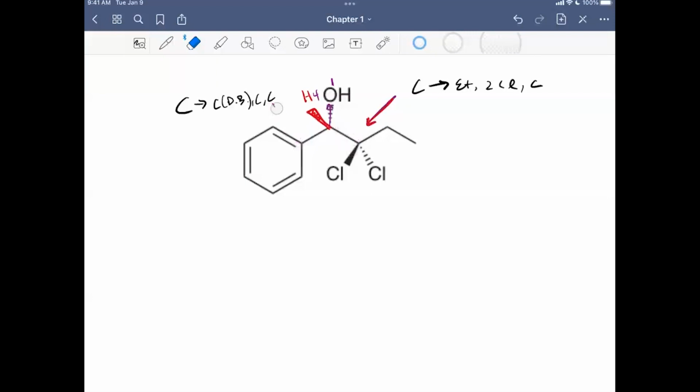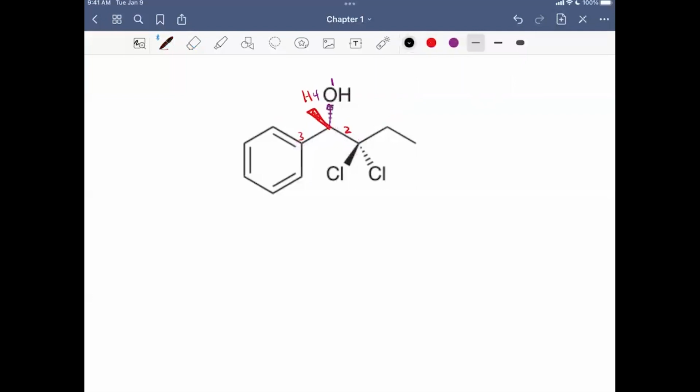So let me clear things up here. So this would be 2, because we have 1, 2, and then this would be 3. And then we have our hydrogen as 4.